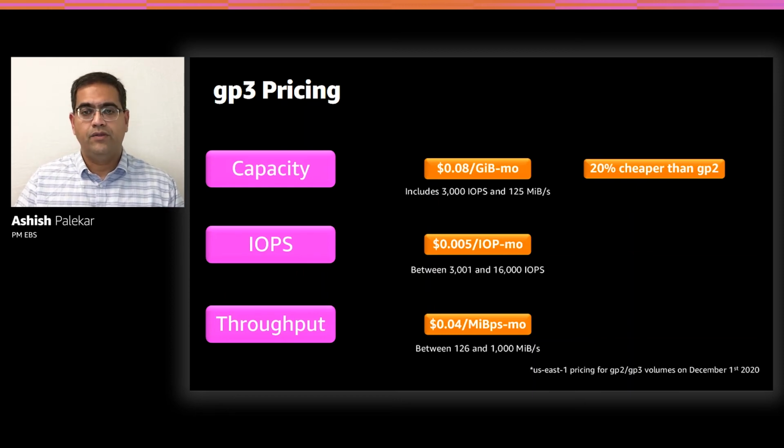You can get up to 3,000 IOPS and 125 megabytes per second, and you pay 8 cents a gigabyte-month. For IOPS, between 3,001 and 16,000 IOPS, you pay 0.005, so half a cent per IOPS-month. And for throughput, you pay 4 cents per megabyte per second-month, between 126 and 1,000 megabytes per second.